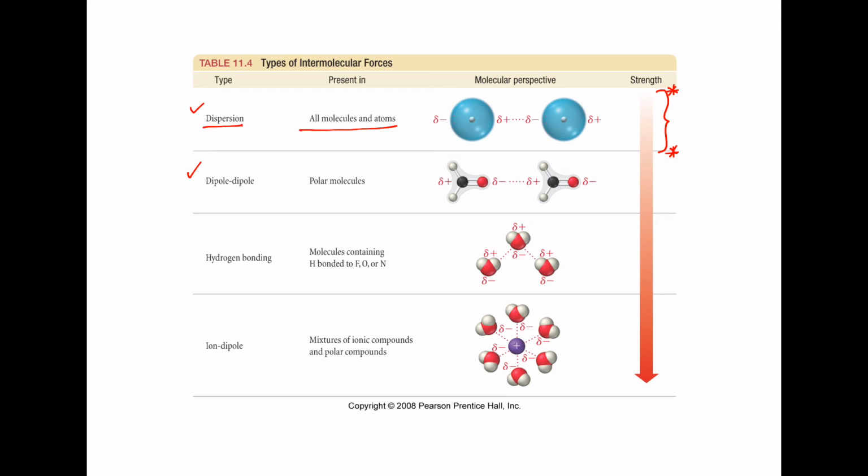The ones that are weakest are the low molar mass and low surface area molecules. The ones that have the strongest dispersion forces are the high molar mass and high surface area molecules. And now I want to go on to hydrogen bonding and talk about how it's different than the others.